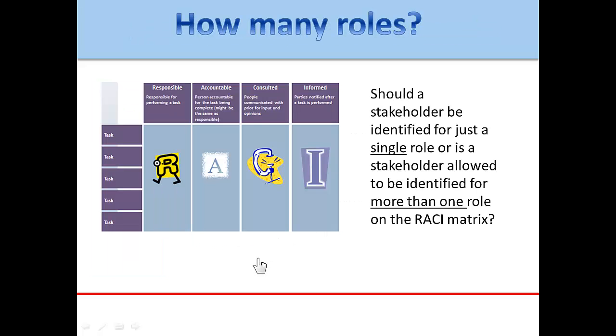The question I want to ask you now is, how many roles should there be? Should a stakeholder be identified for just a single role, or is a stakeholder allowed to be identified for more than one role in the RACI matrix?